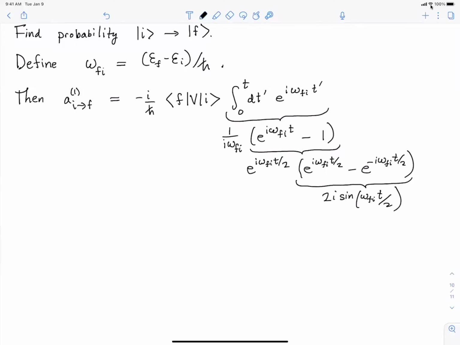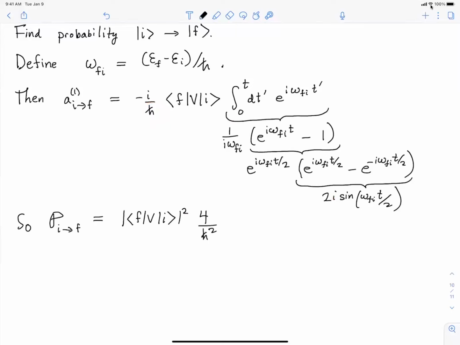And so summarizing, what happens is when we calculate the probability to go from initial to final state, we get the matrix element, and then there's a factor of 4 over h bar squared. The 4 is coming about from this 2. The h bar squared is coming from there.